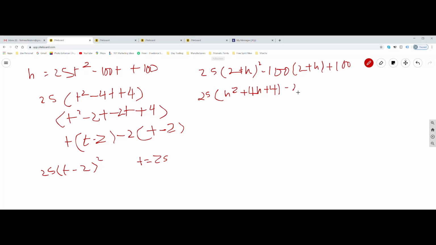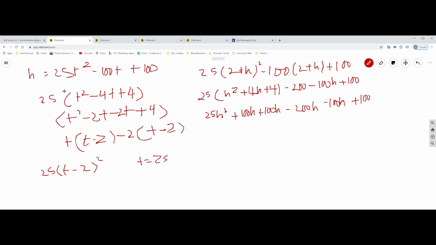You get minus 200, minus 100h, plus 100, 25h squared, 100h, plus 100, minus 200, minus 100h plus 100.